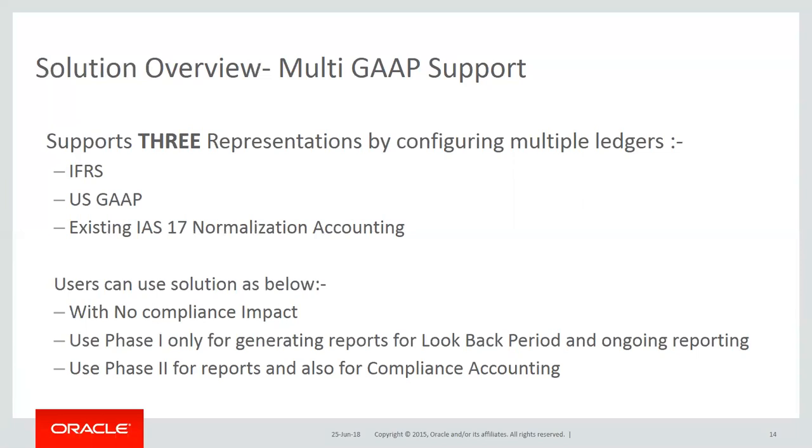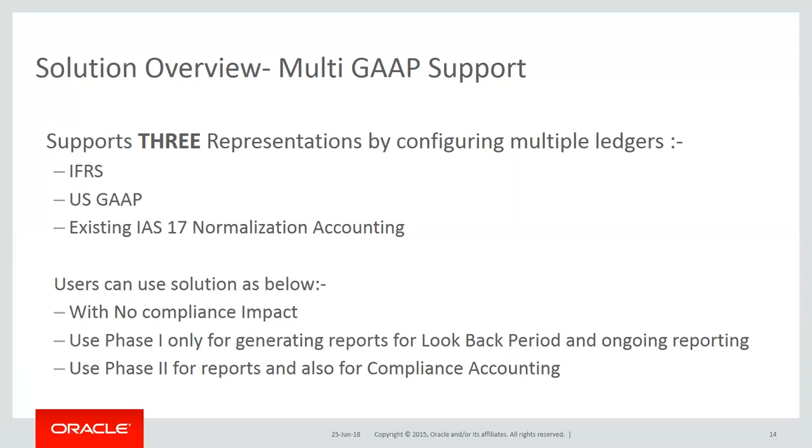Through a set of reports, which I discussed in my first presentation, you should be able to generate all your look back period reporting, and on an ongoing basis these reports will keep working for you. You will get a feel of your ROU balances and liability.